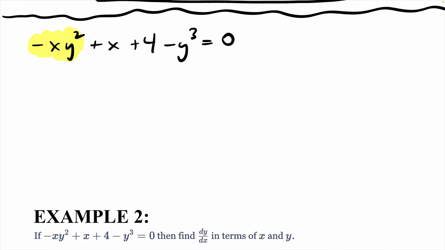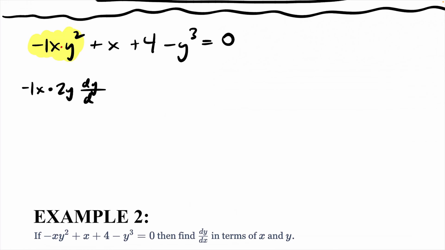Because it's x times y, we're going to need to use the product rule for that one. Okay? Remember, there's a negative 1 in front. So the product rule says the first, so negative 1x or negative x, times the derivative of the second. So what's the derivative of the second?